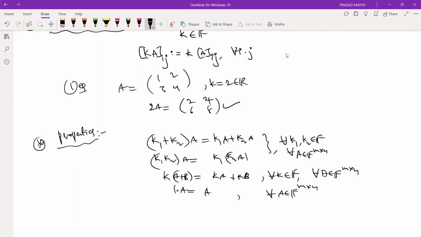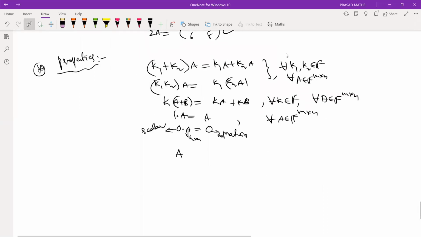Next is 0 into A. This 0 is a real number, a scalar, not a matrix. So 0 into a matrix is equal to the 0 matrix. If this is m by n, the result is also an m by n matrix.